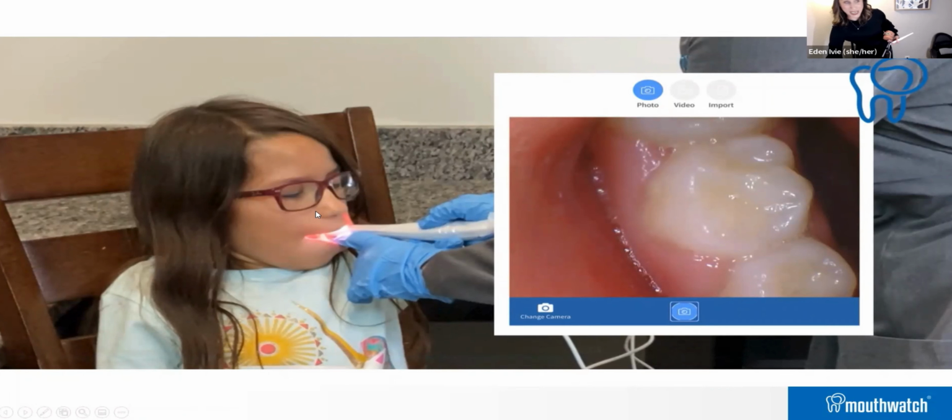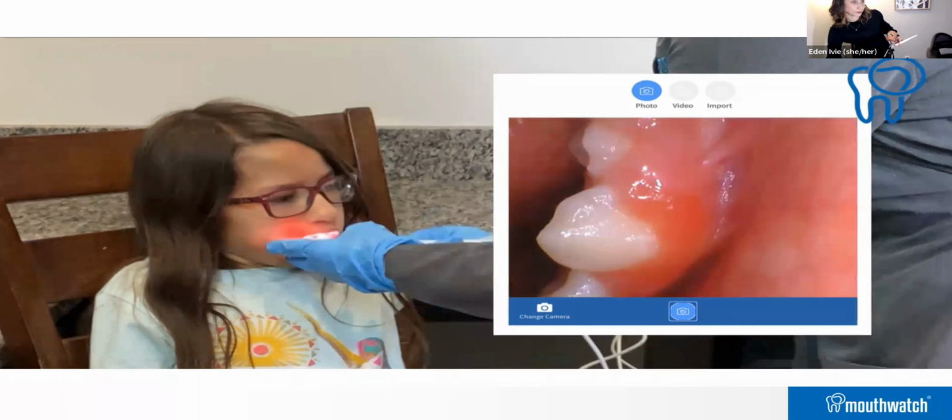This is a smaller patient, so you can see how she's really dropped down into that vestibule to be able to get that occlusal image. Here she is retracting with that camera and really having that patient close down so that we have space to get far enough away from the tooth to get a nice clear image.